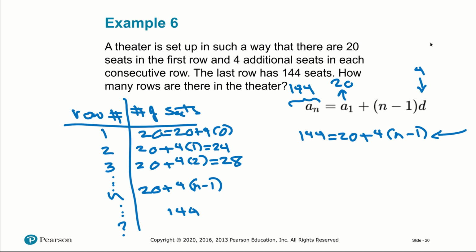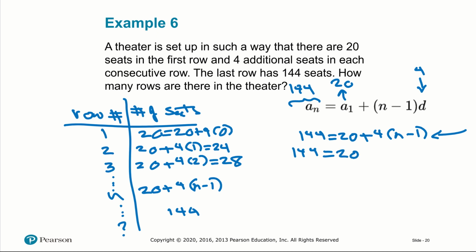So now all we have to do is solve this simple equation. So we have 144 equals... as always, if you think you know what to do next, pause the video, go do it, and come back. That's how you learn mathematics, by participating. All right, so let's assume you did that.